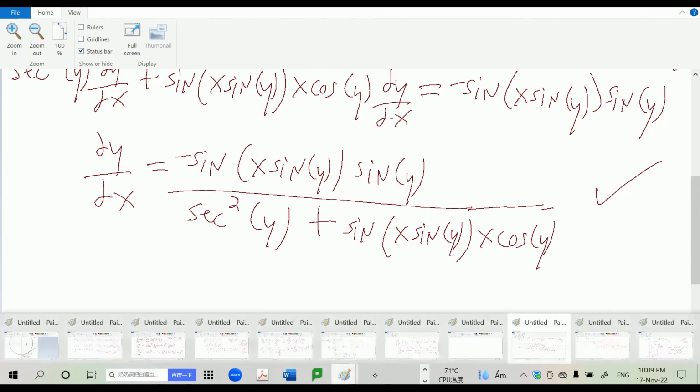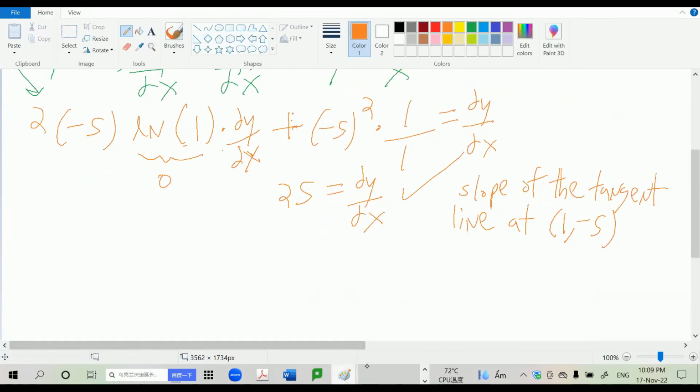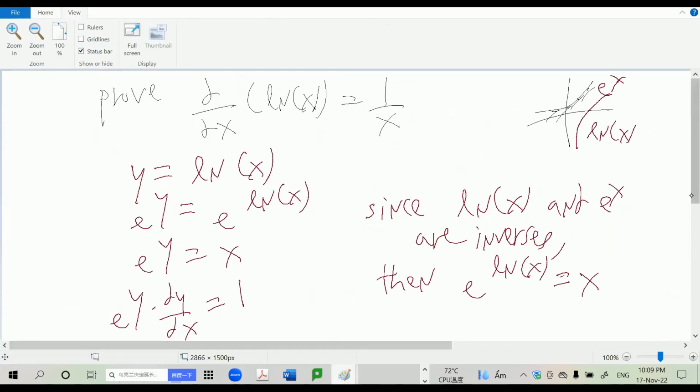Now, if you remember, a long time ago, when we did the e to the x function, we once proved that the derivative of e to the x is just e to the x. Remember? Because you guys did that for my assignment the week before, where you need to do different points along that exponential function.